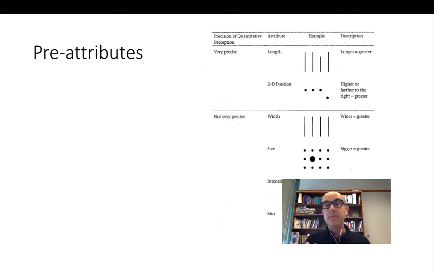And he shows pre-attentive attributes, for example, what is very precise and what is not very precise. How can we make sure that we are trying to be very precise in what we visualize? As I said before, design and visualization is not an exact science.